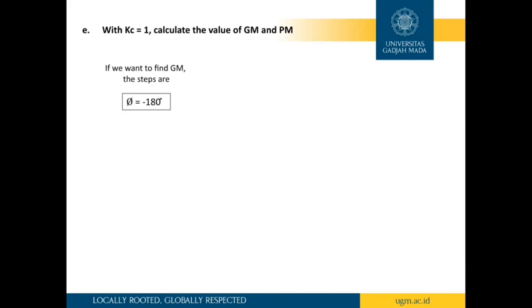With Kc equal 1, calculate the value of Gm and Pm. If we want to find Gm, the steps are: first, the phase value is equal to minus 180 degrees. From the value of phase, we can know the omega G by solving the phase equation from the first slide, where we get omega G equal to 1.04.